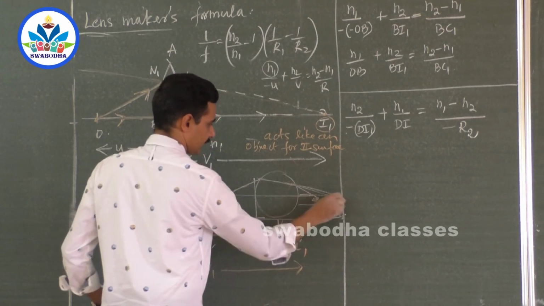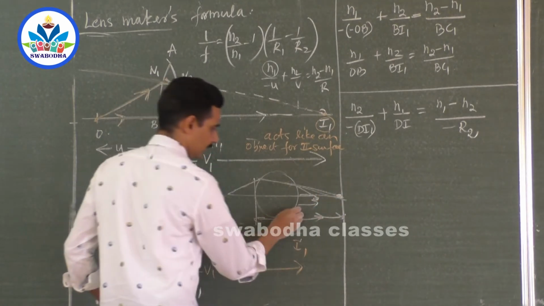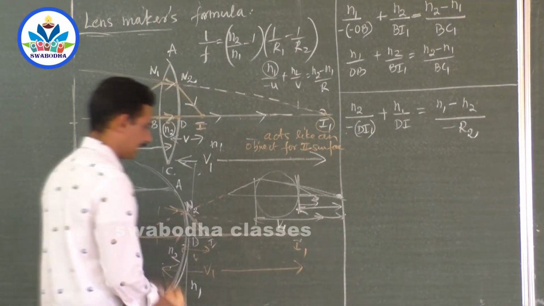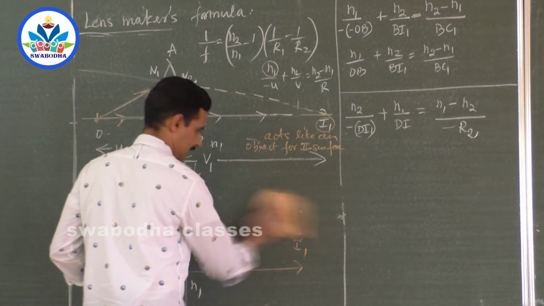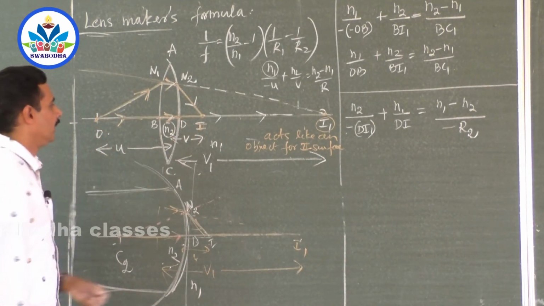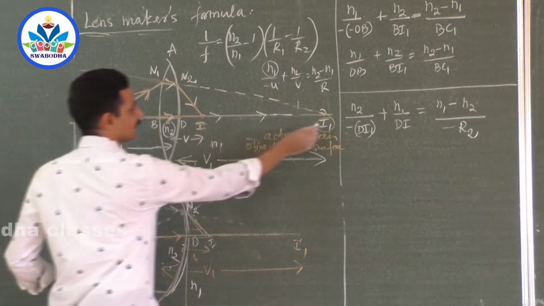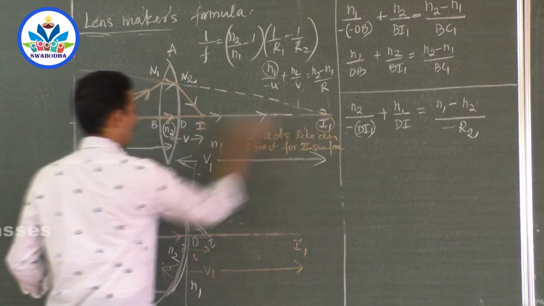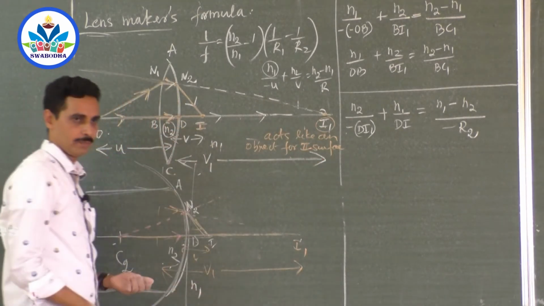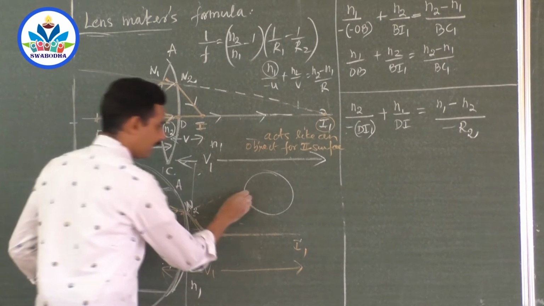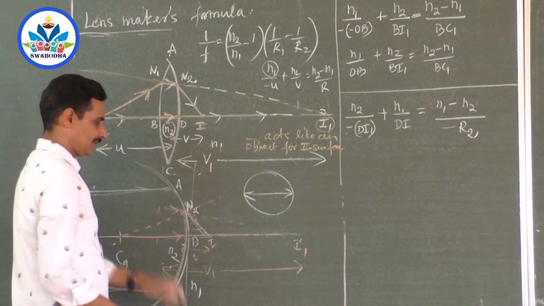For the second surface, if this has to act like an object, we took this as the distance from here. But in a lens, there is no problem as such, because the lens is very thin. Whether you take the distance of this image as an object for the second surface as bi1 or di1, it is one and the same. Because the thickness of the lens is not like a sphere. Sphere has more thickness, but a lens is very thin.